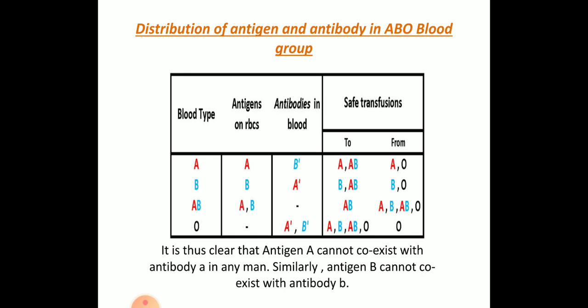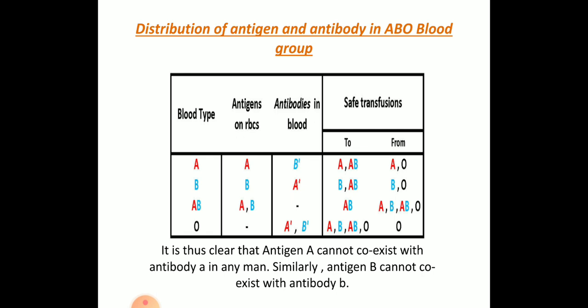Whereas in B, the antigens will be B but the antibodies will be A, and transfusion can take place from B and O to B and AB because of the presence of antigen and antibody. In AB, they contain both antigens A and B, and they do not have any antibodies.